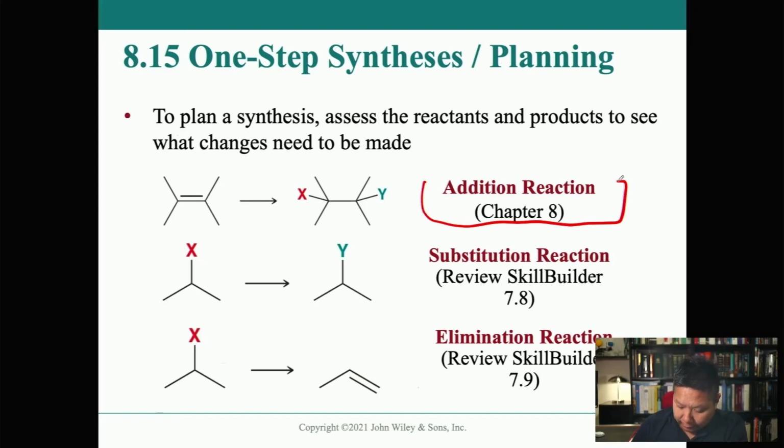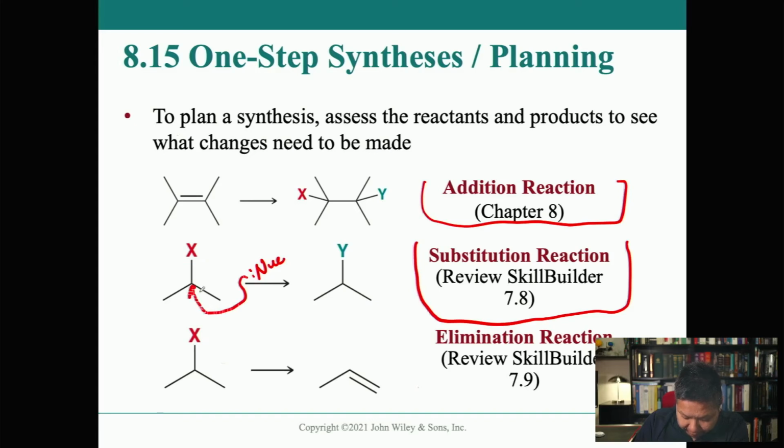It could be a substitution reaction, just like we were talking about last week, where we have a nucleophile come in and does a nucleophilic attack on that carbon right there, and then the leaving group leaves, and then you're substituted with the nucleophile.